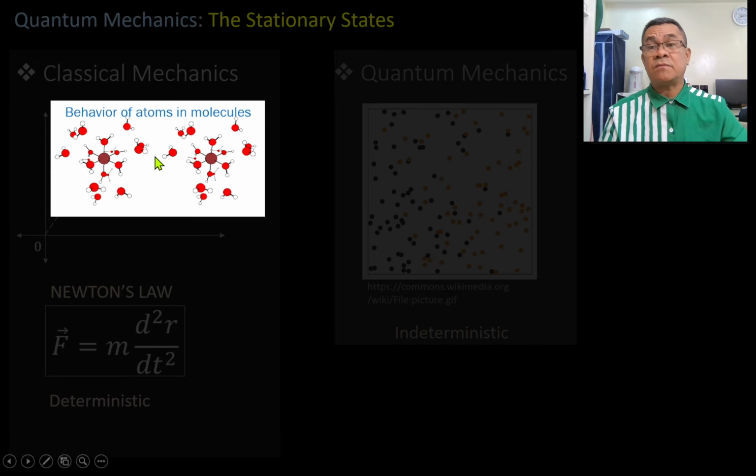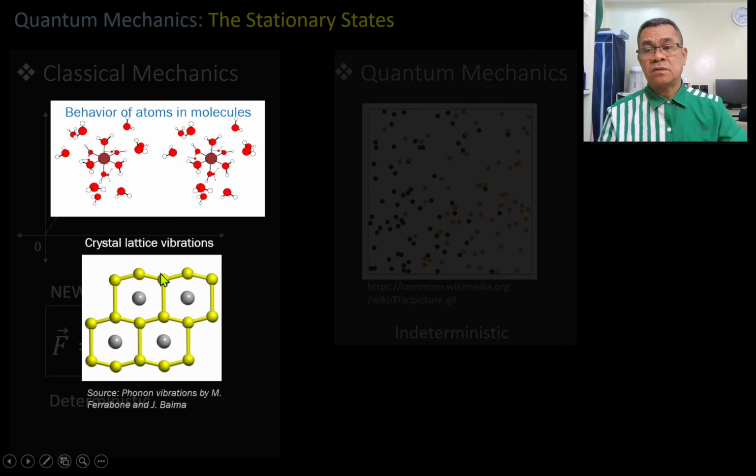Of course, the system cannot be solved using Newton's law. And also in a crystal lattice, if you want to know how much is the vibrational frequency of the atoms inside the crystals, and also how much total energy is in the crystal system, then we need to solve this, and we cannot use Newton's law.